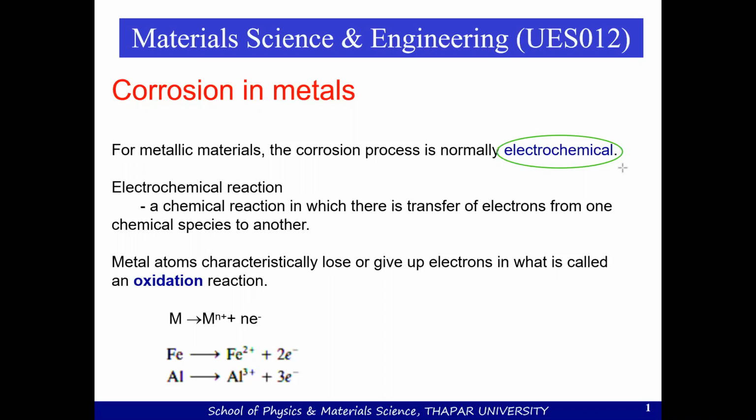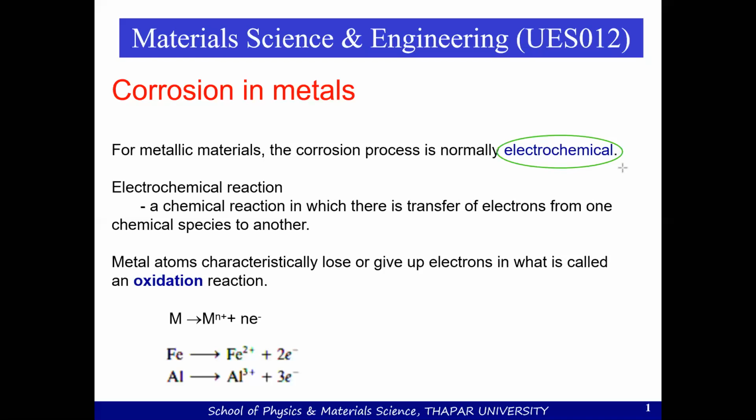While doing so, they complete their outermost orbit, and we know if an atom is in a state where its outermost orbit is completely filled, it is in an energetically more favorable state, and that is why all metals liberate their electrons from the outermost orbit, and in this way they attain higher stability on the energy scale.